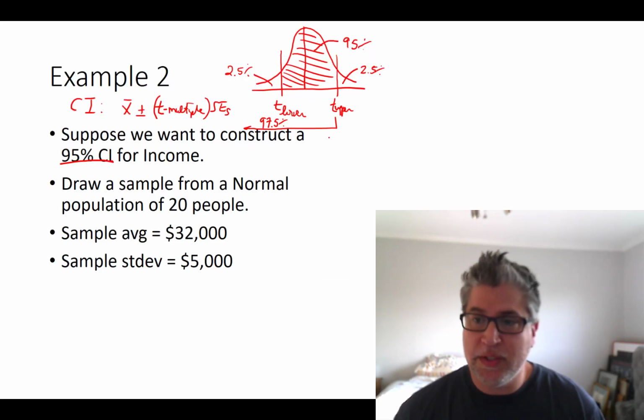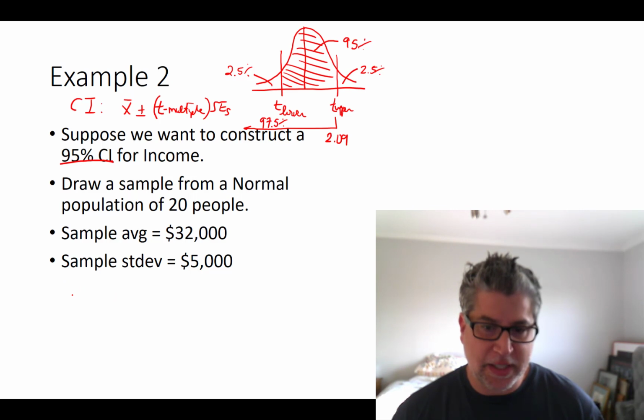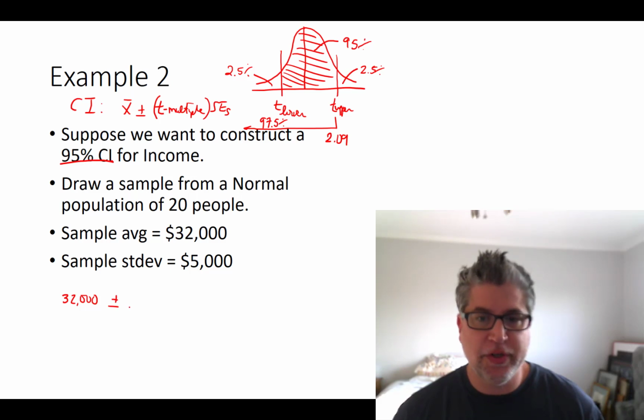So t upper was 2.09. T lower must be negative 2.09. And our interval is x bar, which is 32,000, plus and minus our margin of error, which is a certain number of standard errors. That number is 2.09.